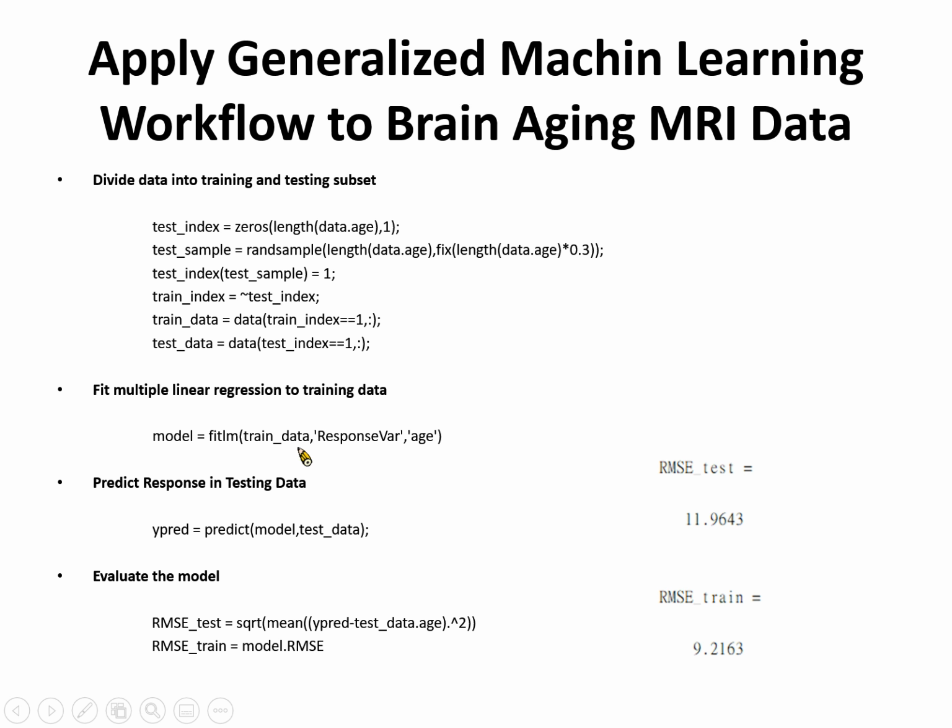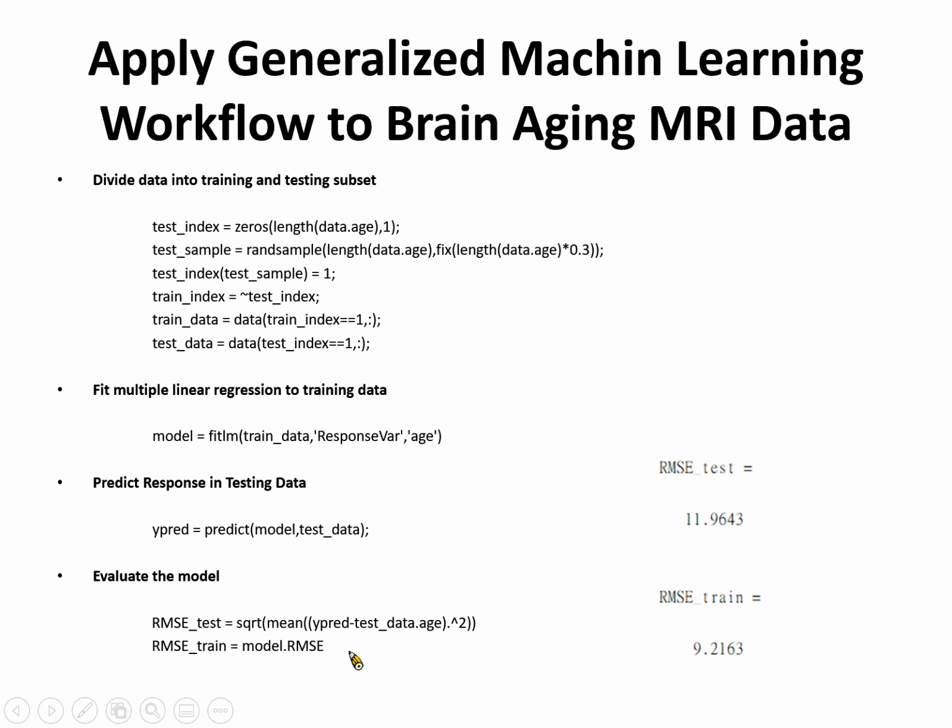Okay, so similar to the medical insurance example, once we build the model, we can use the test data to predict the age, as indicated by the yPred variable. Then we can evaluate the root mean square errors in the training and testing.